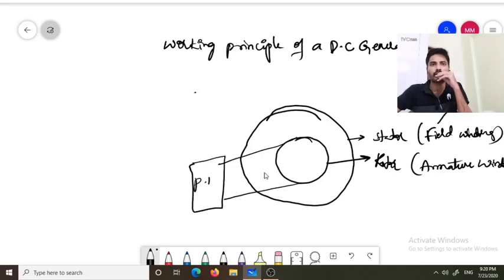this is a prime mover. A prime mover may be a turbine or an IC engine. Whatever it may be, it gives the output of mechanical energy. That output should be given as an input to the rotor of a DC generator.